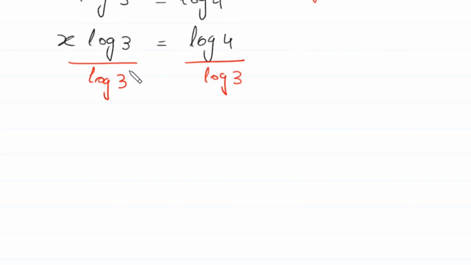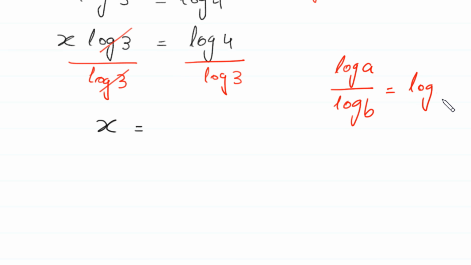Next, this log of 3 will be cancelled with this log of 3, and x is equal to log of 4 over log of 3. According to the property of logarithms, log of a over log of b is equal to log base b of a. We can write this as log base 3 of 4. This is the value of x.